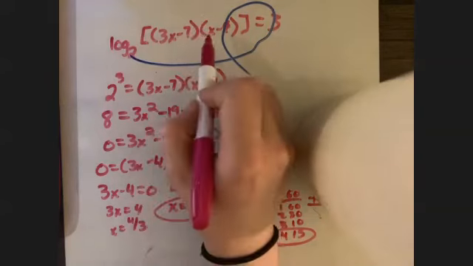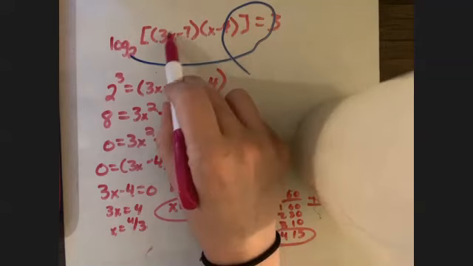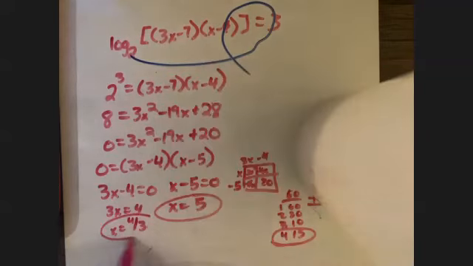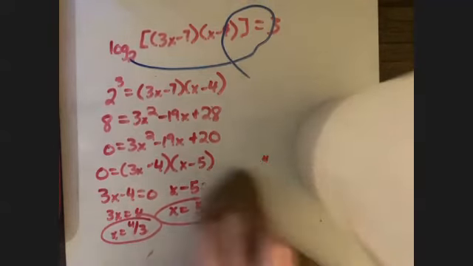Now, when I put this over here, 4/3 minus 4 is also negative. But y'all, negative times negative is going to turn positive. So we're okay. Okay. We are actually good with both of these.